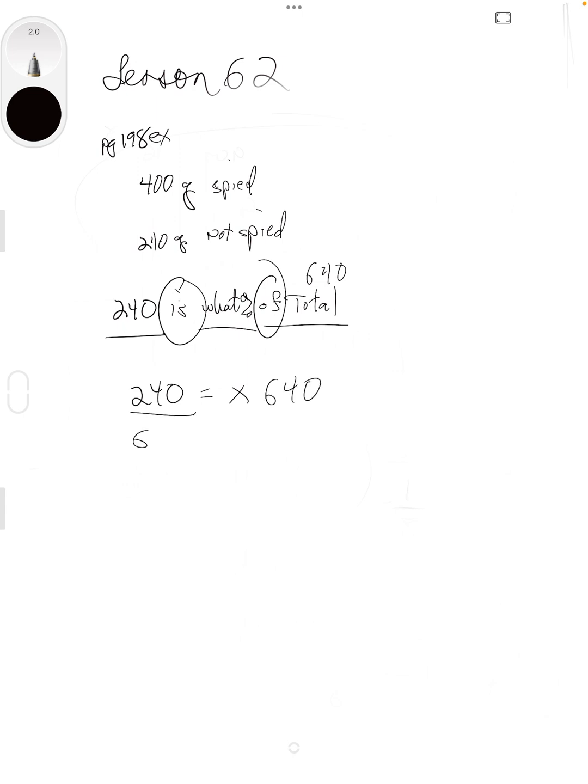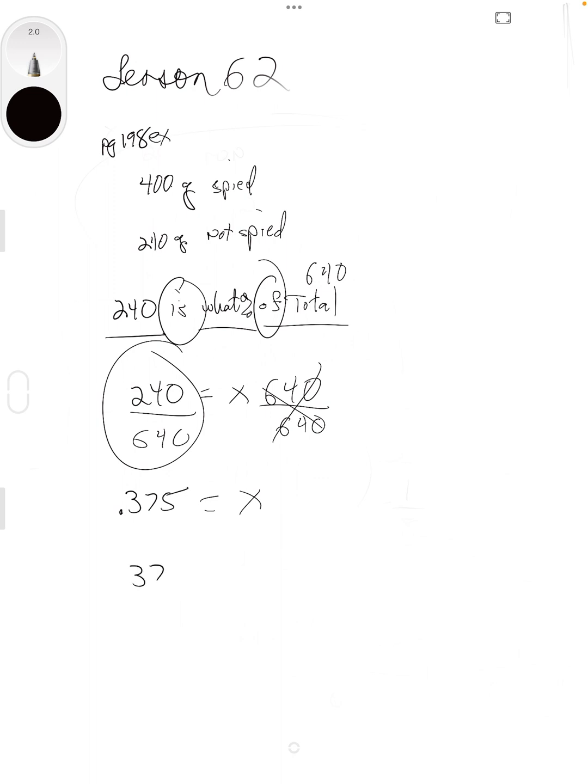Divide both sides by 640. And I end up with x equals 240 over 640. And I take my handy dandy calculator out and I say, what's 240 divided by 640? And the answer is 0.375.